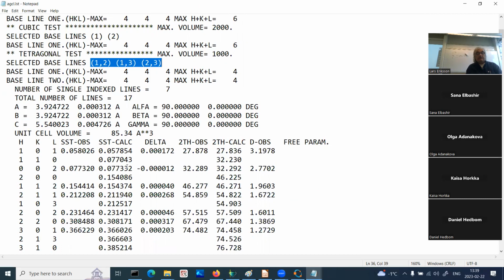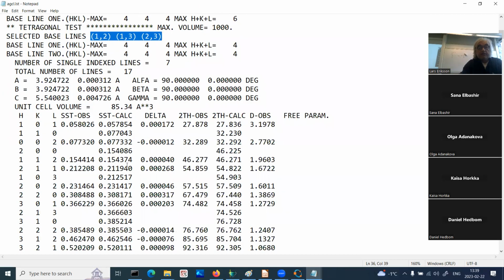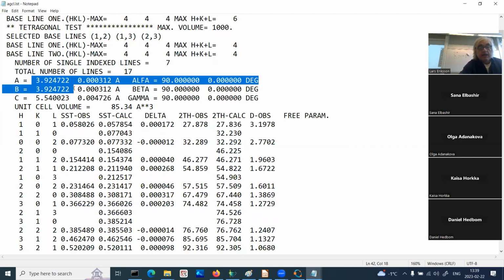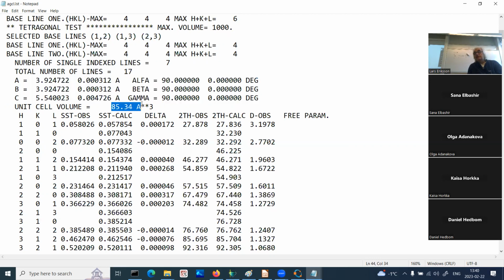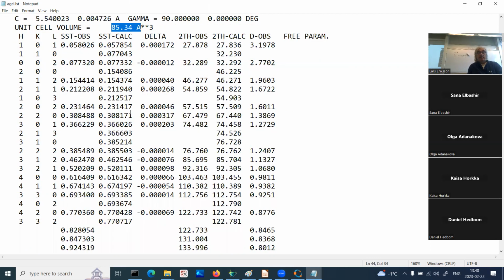And here is actually a tetragonal possible solution. Total number of lines is 17, but A and B were 3.92 and 5.54 with a unit cell volume of 85 only. This is quite fair.